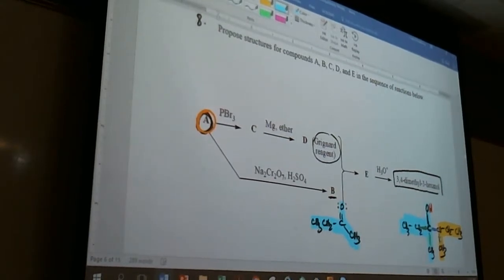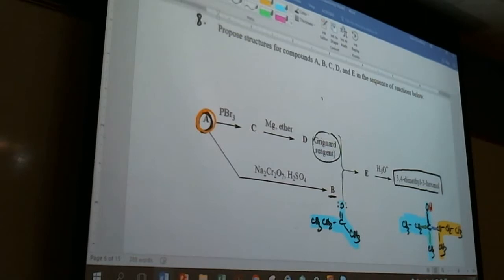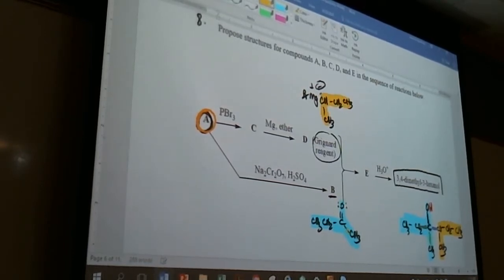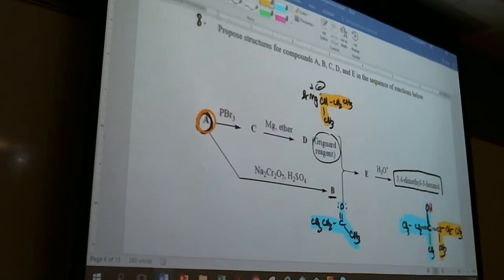What is the Grignard? The yellow part, right? This is the Grignard that attacks this ketone to form this bond, right?